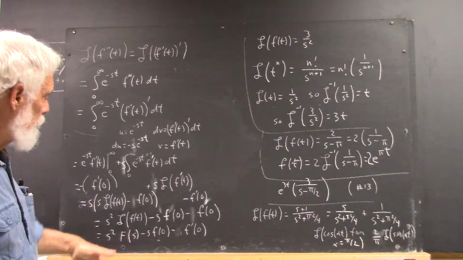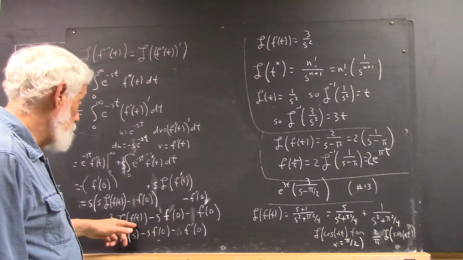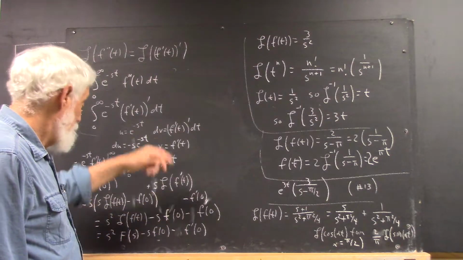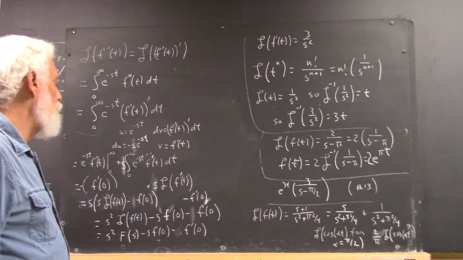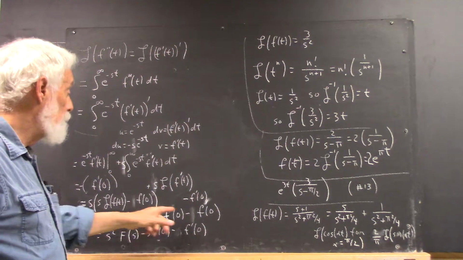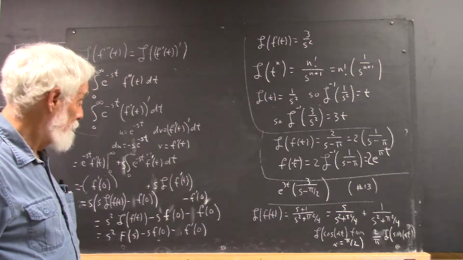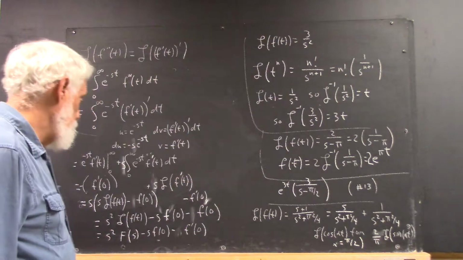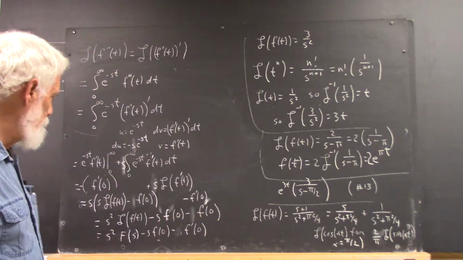If you had a higher derivative, you'd have an s to the n times the Laplace transform of f of t minus s to the n minus 1 times your function value at 0, and then minus an s, 1 less power, times your f prime of 0, and so forth, until you finally get down to your nth derivative of f at 0.